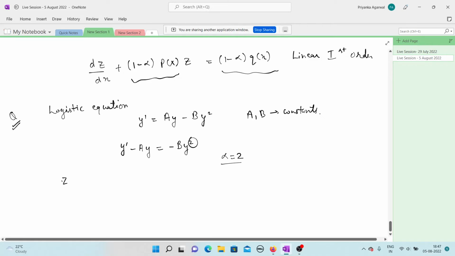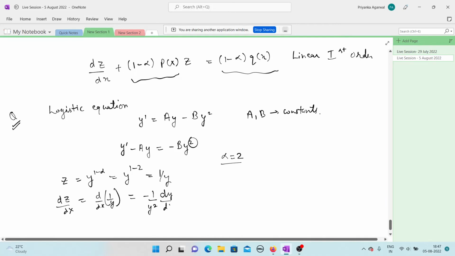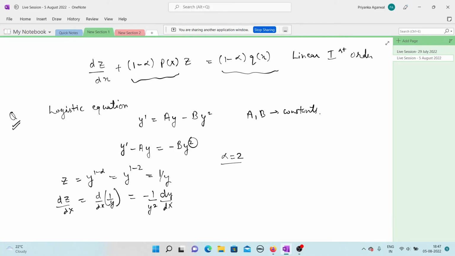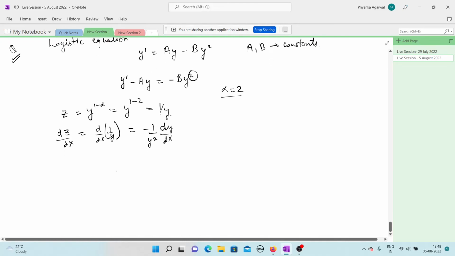So the substitution which you will have to make is y to the power 1 minus alpha. So this will be y to the power 1 minus 2, therefore 1 by y. Okay. So now dz over dx will be simply d by dx of 1 by y, which is minus 1 by y square dy by dx. So substitute in the above given equation and let's try to solve it.